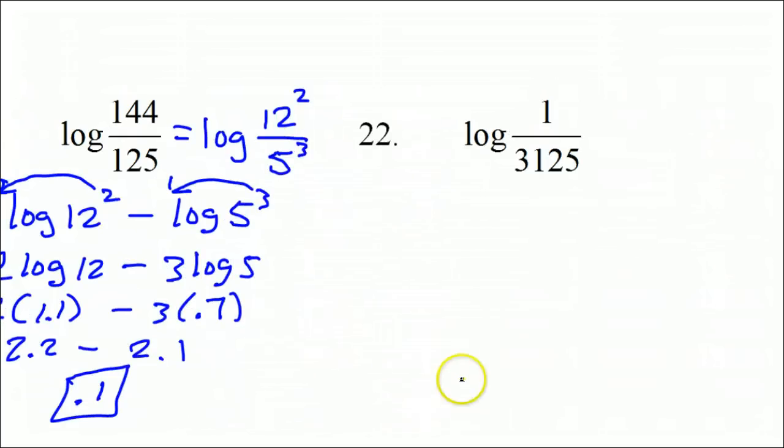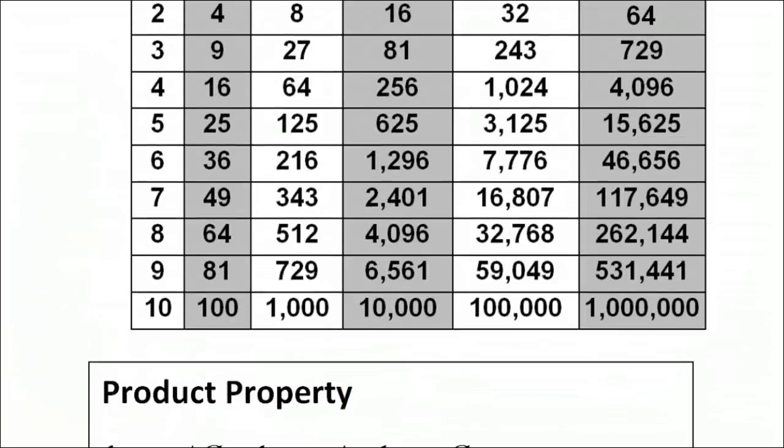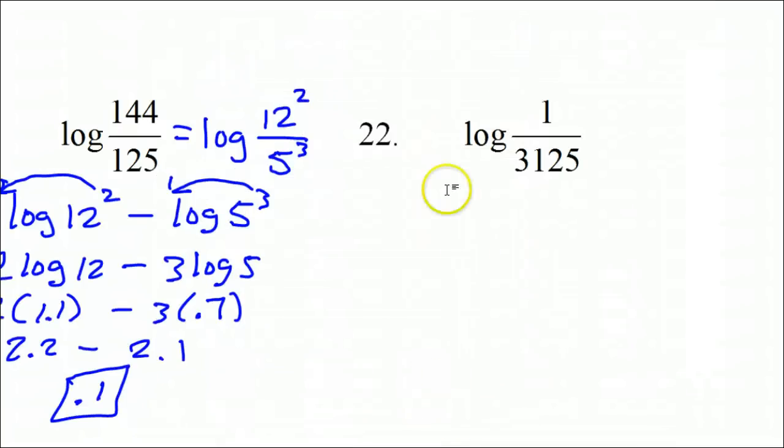Now looking at the chart, I'm really hoping that 3,125 is on the chart. Go chart, go chart. There it is, 3,125. That is 5 to the 5th power. So that means what we have here is log 1 over 5 to the 5th power.